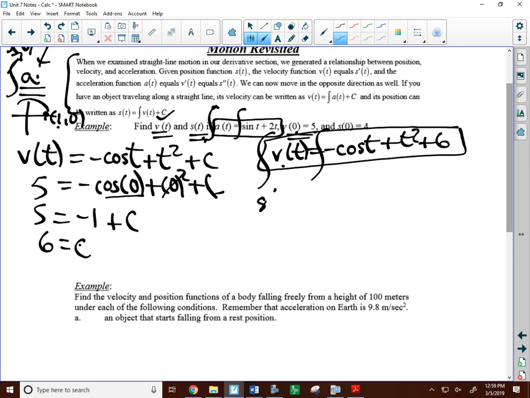This one will now be position, s of t. Okay, antiderivative here: I bring down the negative, and the antiderivative of cosine is just positive sine. Then here I've got the power rule, t cubed over 3, plus 6t and plus c.